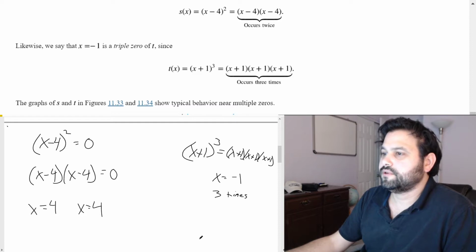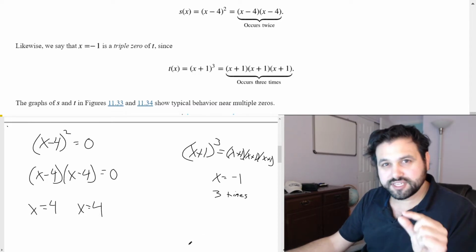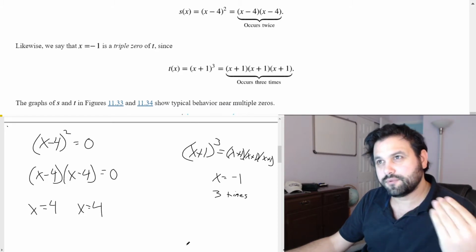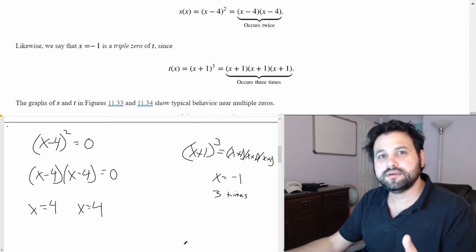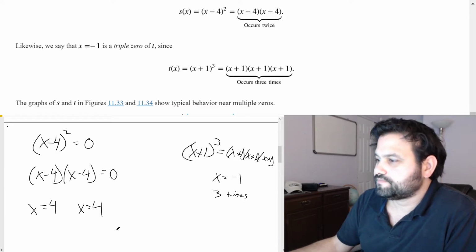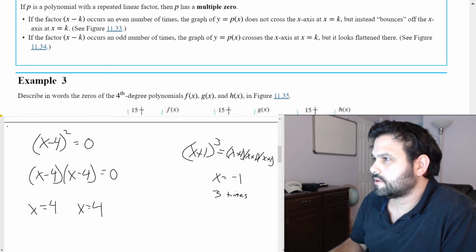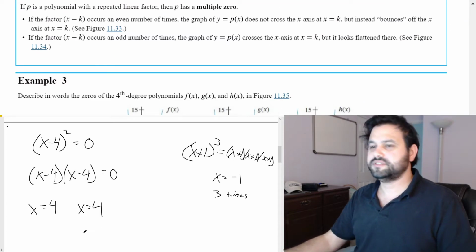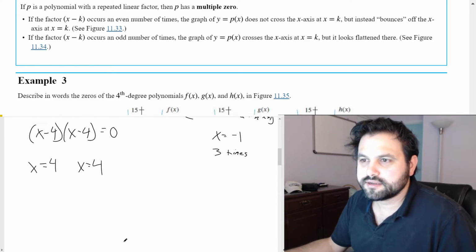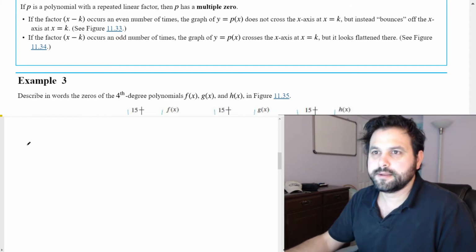And so the multiplicity affects what happens really close to that zero, how it approaches that zero value. So let me bring that up. So we're talking about the multiple zeros, and let me summarize this.